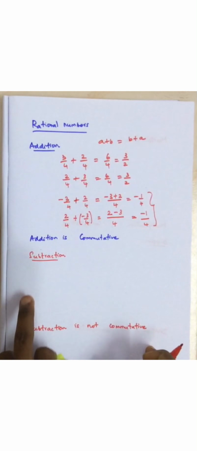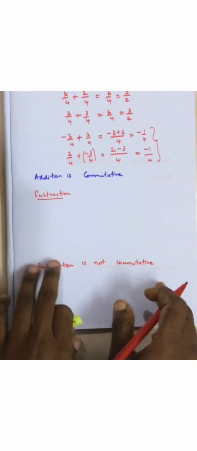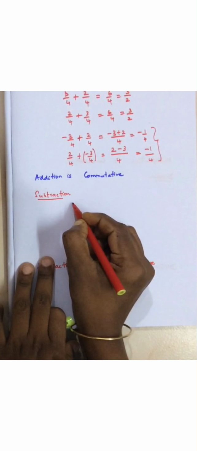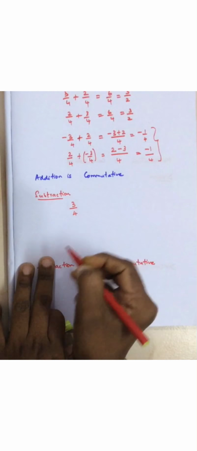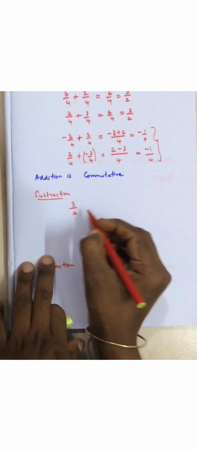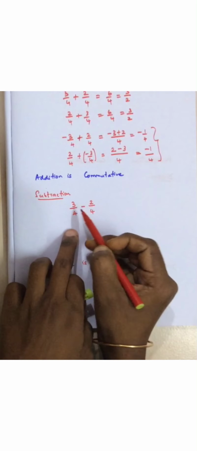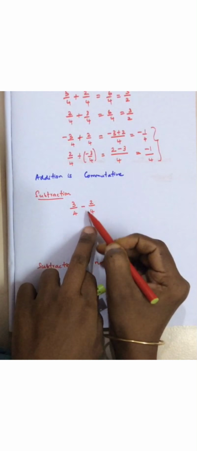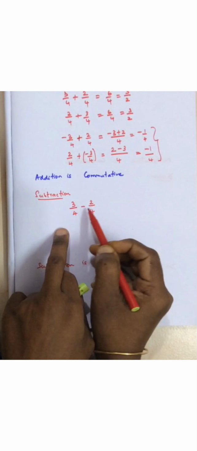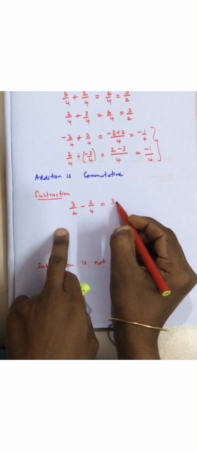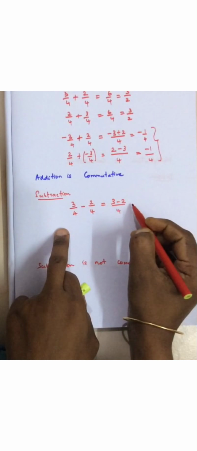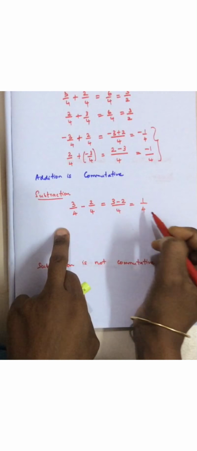Next we are going to see what will happen for subtraction. Take the same case: 3 by 4, a rational number, subtract 2 by 4. Here 3 by 4 is positive, 2 by 4 is positive, and I am subtracting. So it will give 3 minus 2 by 4, that is 1 by 4.